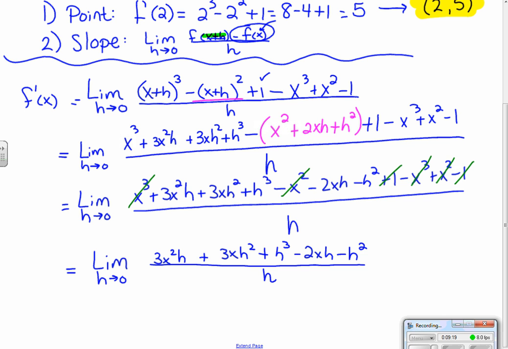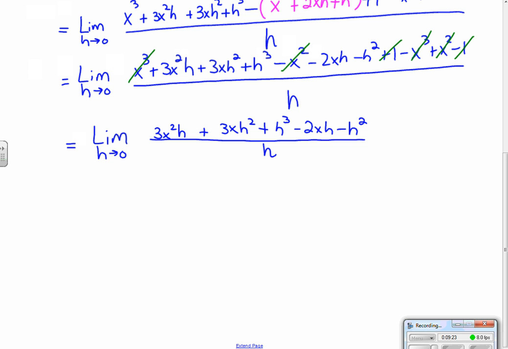Each of those 5 terms has an h in it, which allows us to do a GCF and bring that h forward, canceling with the bottom h. So let's pull that h from everything. Leaves us 3x squared plus a 3xh plus an h squared minus a 2x minus an h.